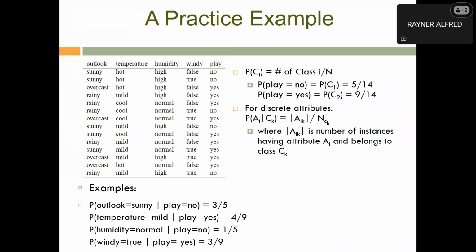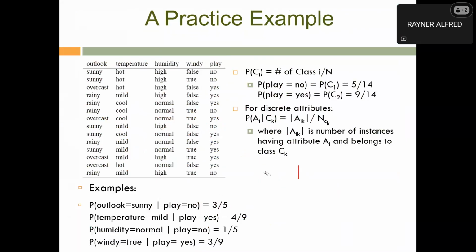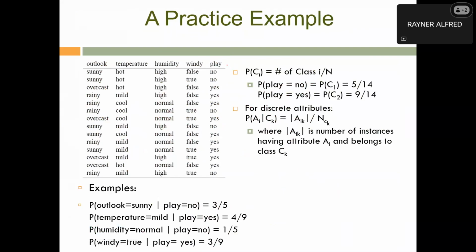Okay. So we are looking at the probability of, given we have, okay, this is the class level that we have.